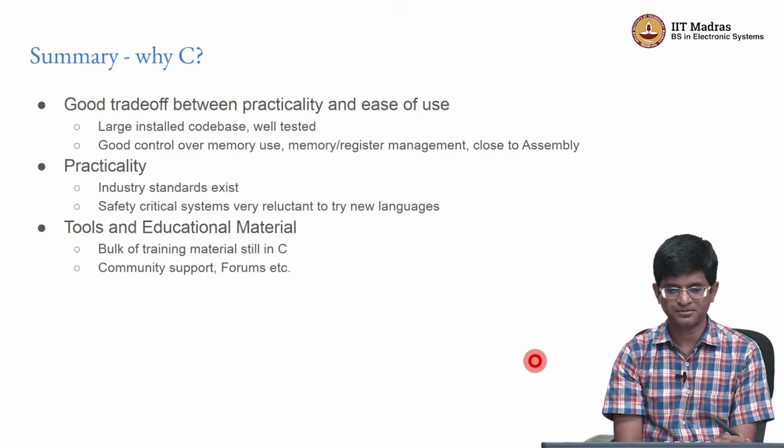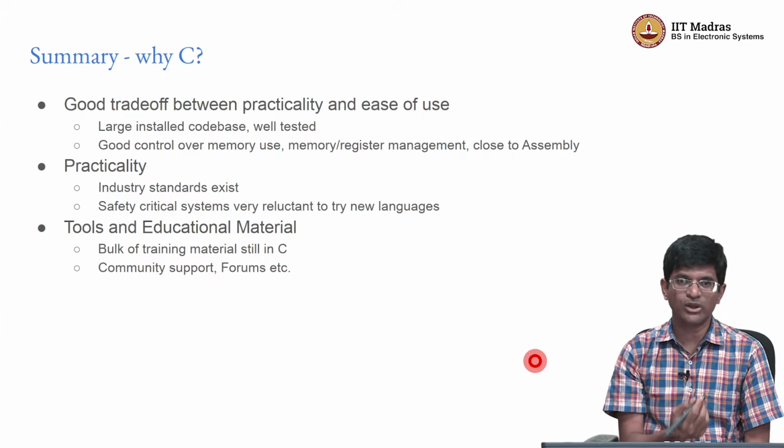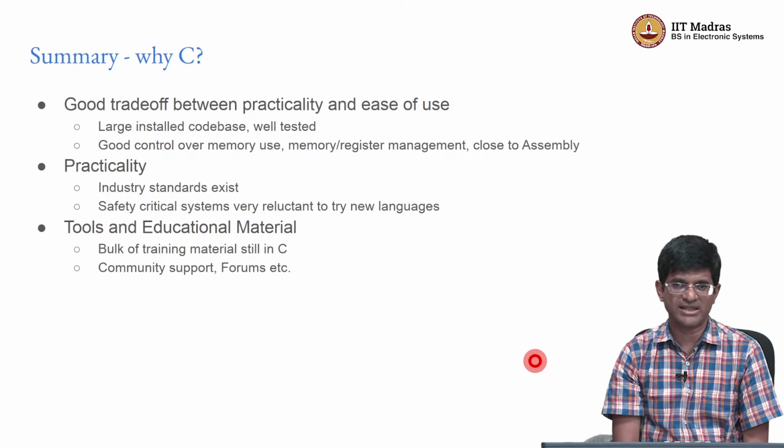So to summarize why the C programming language: it's a good trade-off between practicality and ease of use, right? It has a large installed code base, very well tested. It also gives you very good control over how to access memory and registers, and you can pretty much look at the C code and see how it translates into assembly language directly, right?